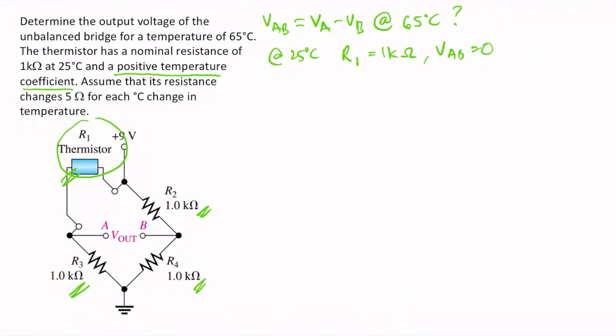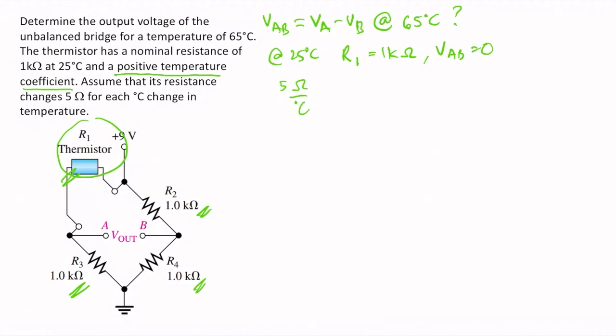So in this case, for every degree change, we have a 5 ohm increase, which gives us the change in R1.